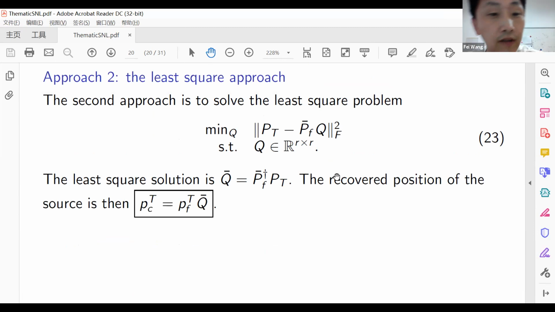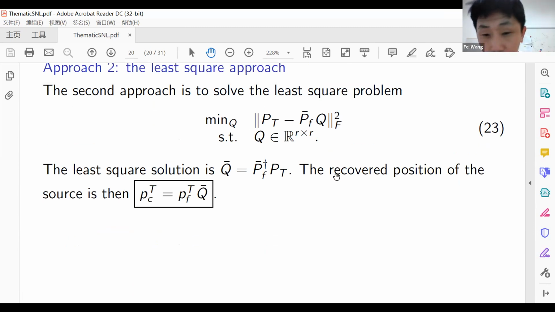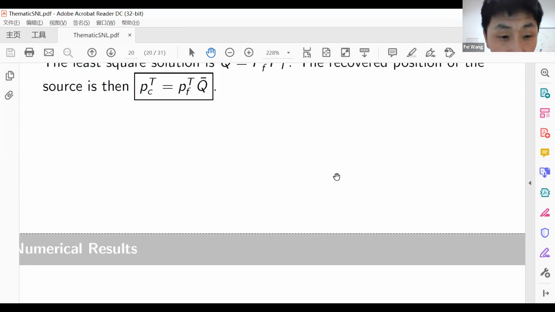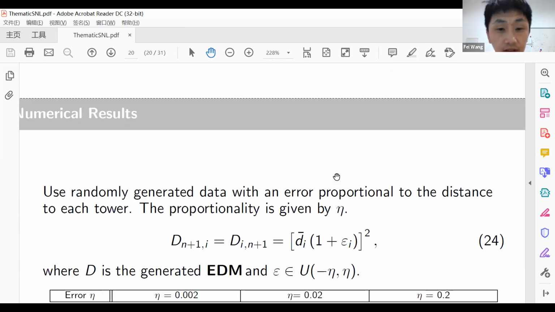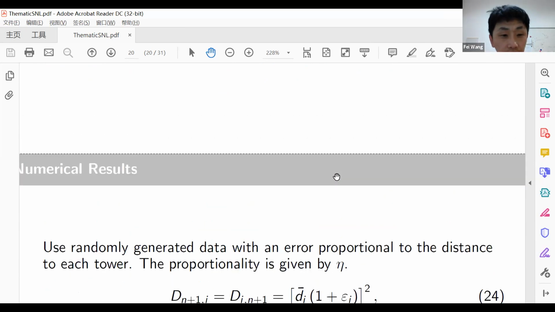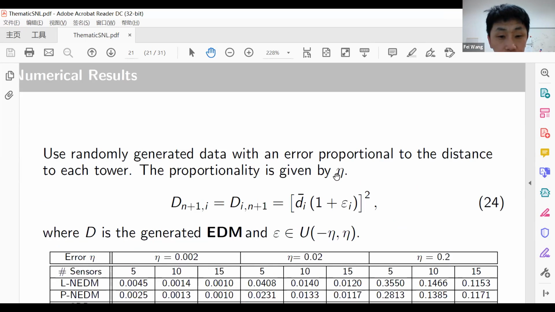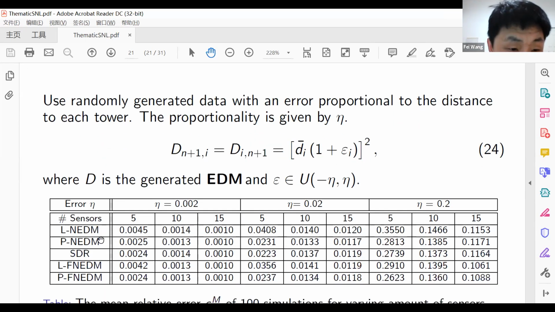So we have talked about three problems, three models. One is the SDR model, which means that the towers are completely fixed. The second model is the EDM model, the nearest EDM.